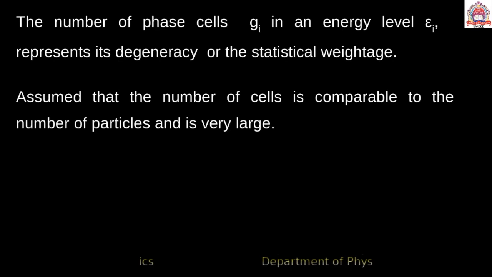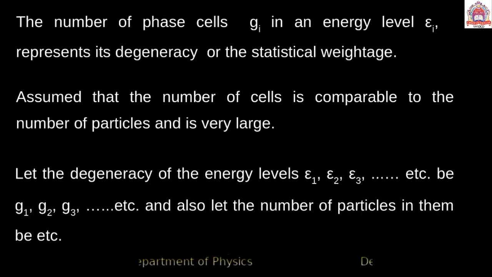Here it is assumed that the number of cells is comparable to the number of particles and it is very large. Let the degeneracy of the energy levels E1, E2, E3, etc., be G1, G2, G3, etc., and also let the number of particles in them be N1, N2, N3, etc.